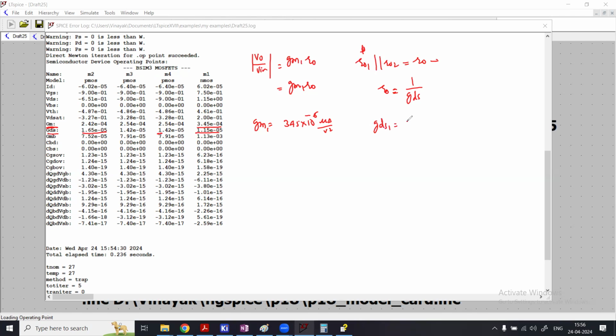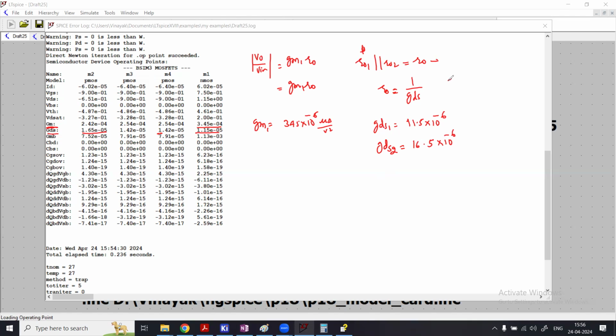GDS1 is 11.5 into 10 to the power minus 6. We should not make any mistakes. And GDS2 is equal to here 16.5 into 10 to the power minus 6, right? So that's how we have.